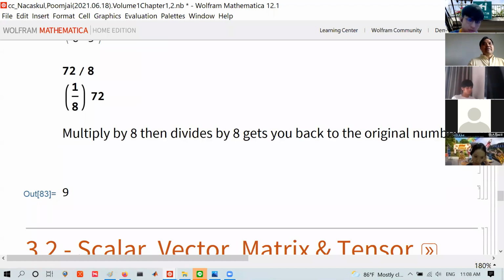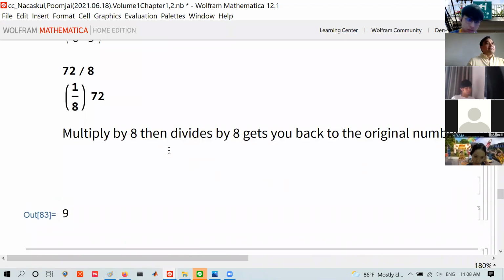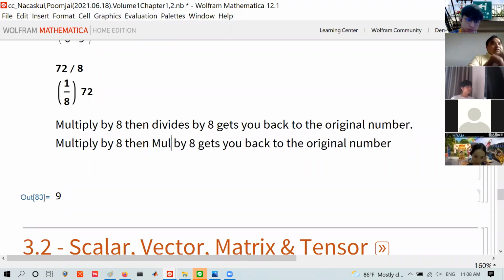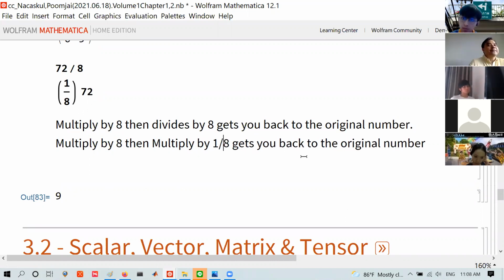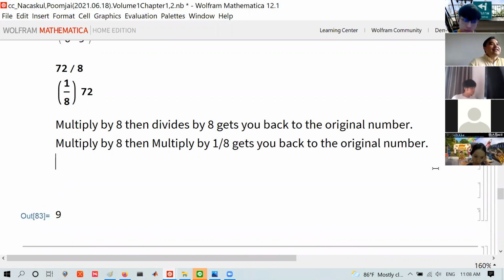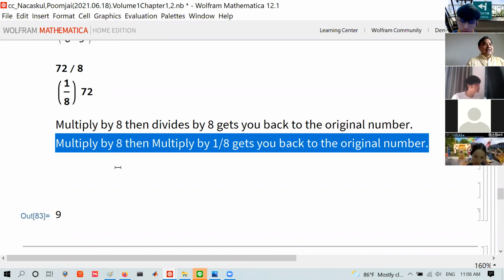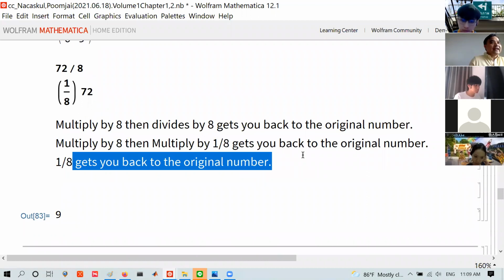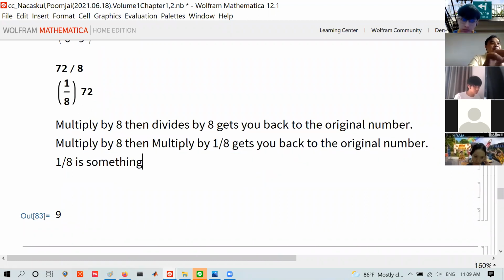Now, I want you to do the same thing without using the word divide. So, I multiply by 1 over 8. Gets you back to the original number. Now, I'm going to make you another sentence. What is 1 over 8? 1 over 8 is something that multiplies to 8 and produces 1.